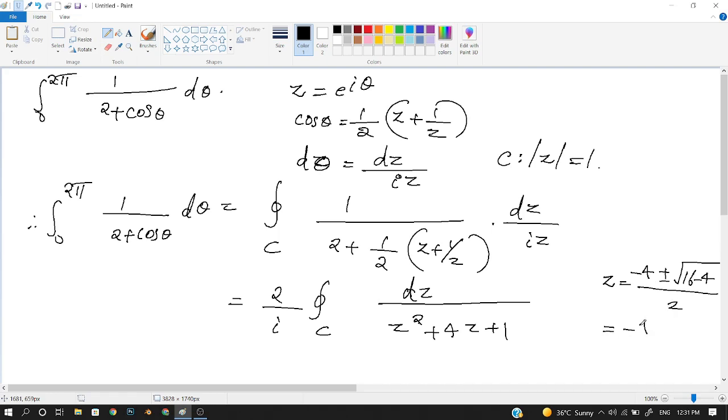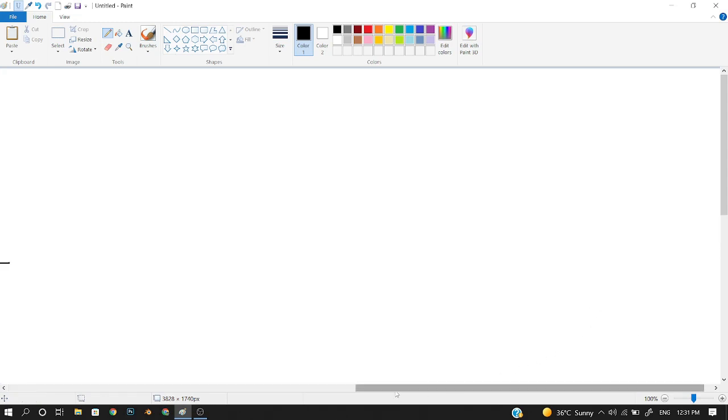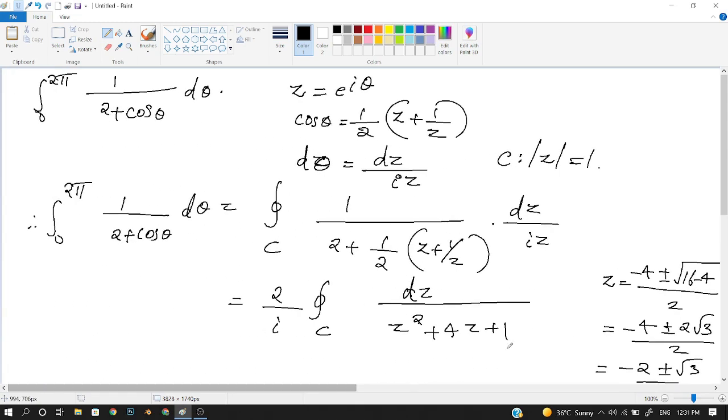So minus 4 plus or minus root 12, that is 2 root 3, divided by 2. So this is equal to minus 2 plus or minus root 3. So these are the values of z here.